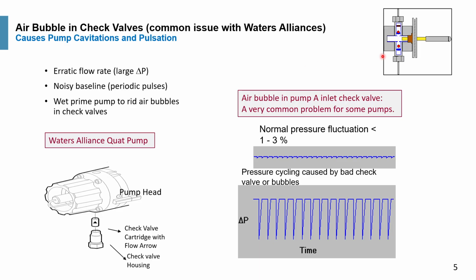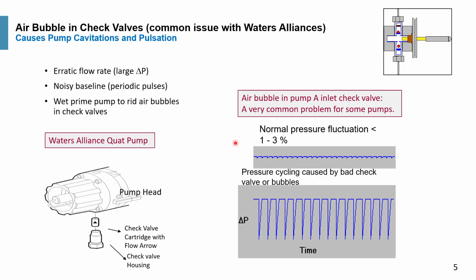This bubble, when trapped between the check valve bore and the check valve seat, would cause erratic pressure changes. So an air bubble in pump A in the check valve is a very common problem in some pump designs, particularly with Waters Alliances.